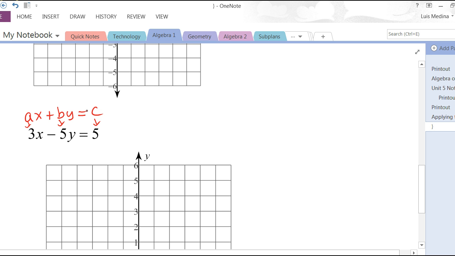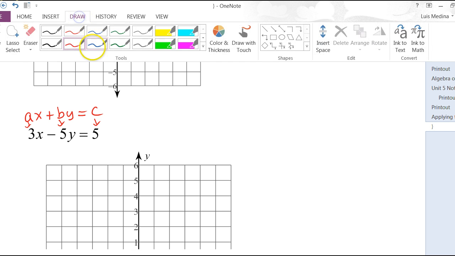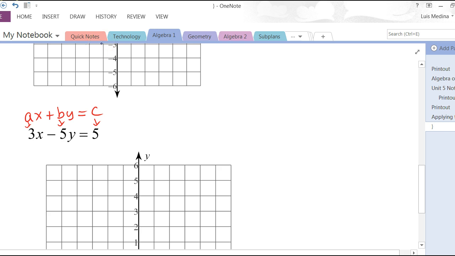All right, so Mr. Medina is going to say, well, how do you draw a graph when it's in standard form? I'm going to show you 2 different ways, okay? So I'm going to write down 3x minus 5y, and I'm going to write the standard form twice because I want to find 2 points.